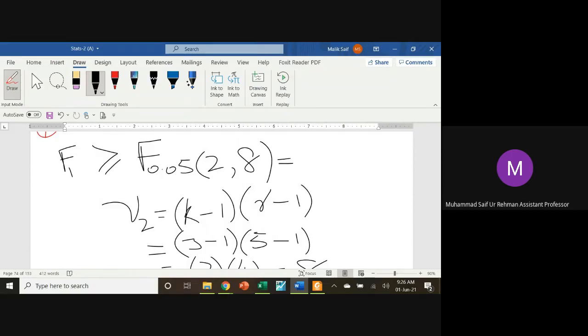So now you have to see the table for 5% level of significance, the F statistic table, and you have to see the value for 2 and 8.